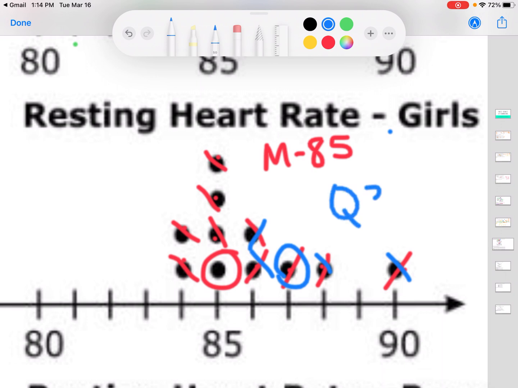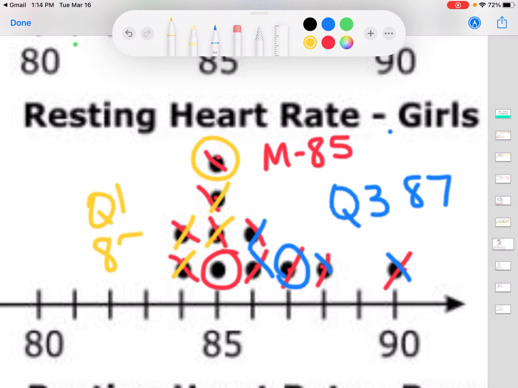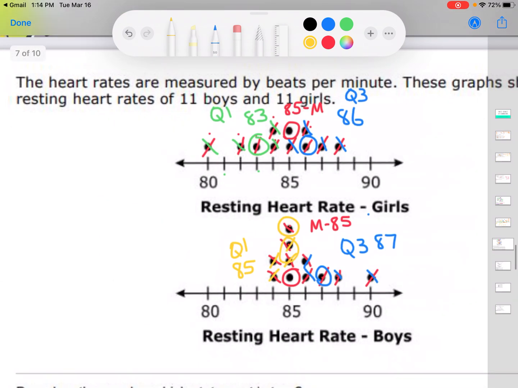My Q3 is 87. And my Q1 is going to be 85. Because I have 2 numbers in front and 2 numbers behind. If I don't like this strategy, I can list them out just like I did in the last problem.